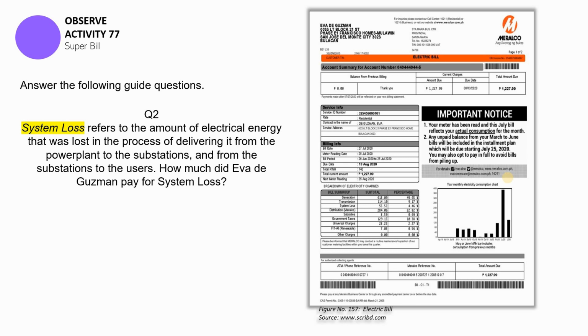How much did Eva de Guzman pay for system loss? The correct answer is 55.52 pesos. Are you done answering or checking your work? Let us now proceed to the next question.